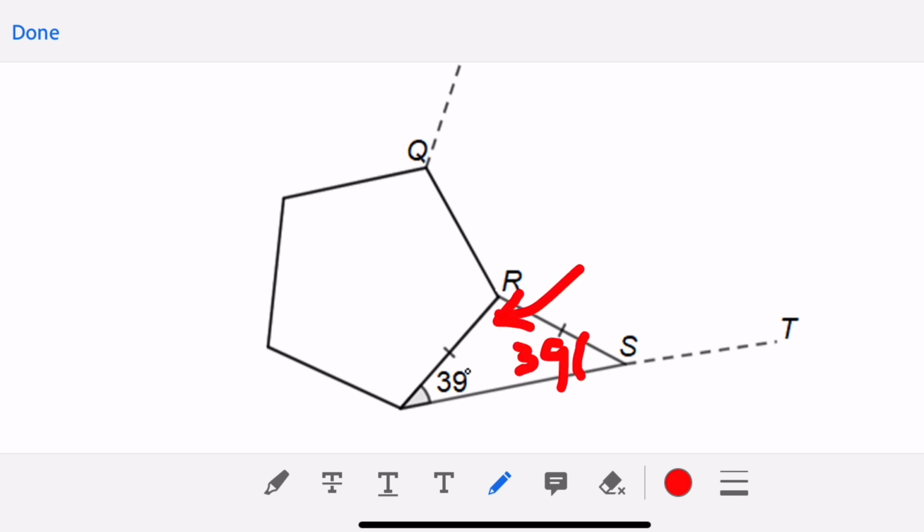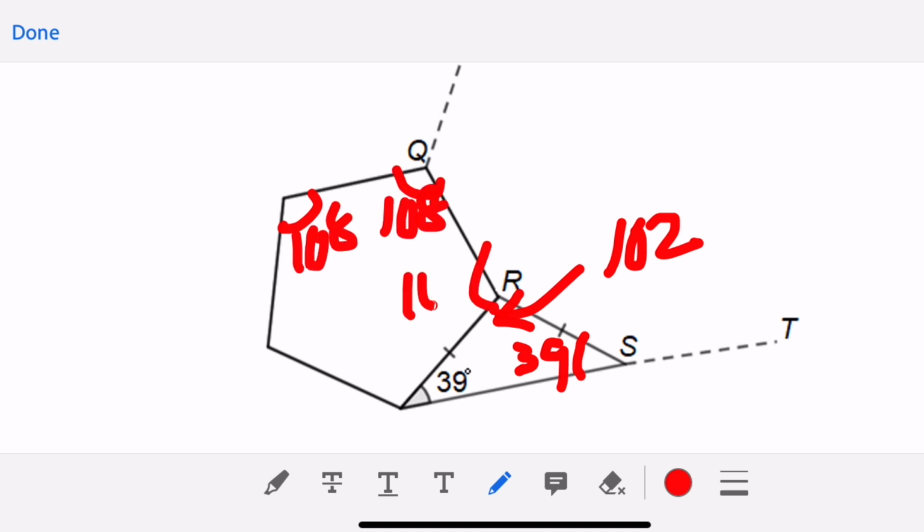So hence we can find this angle. It will be 180 minus 39 minus 39, which is 102. So for a pentagon, we should know that this is 108, 108, 108, 108, right?